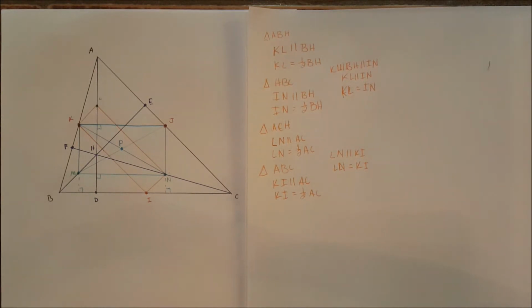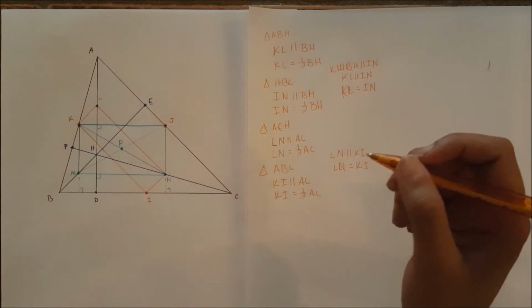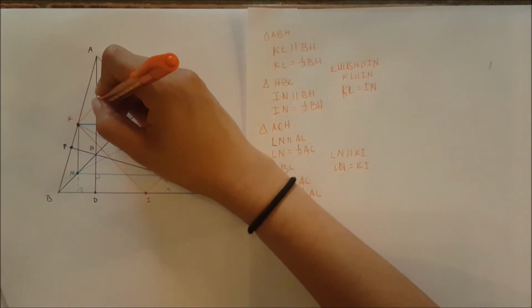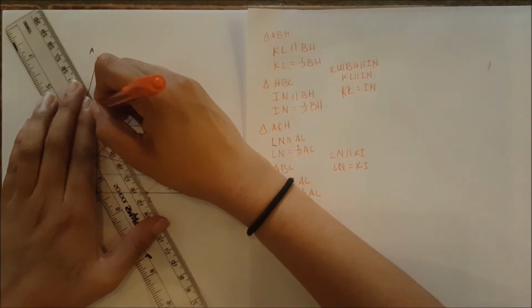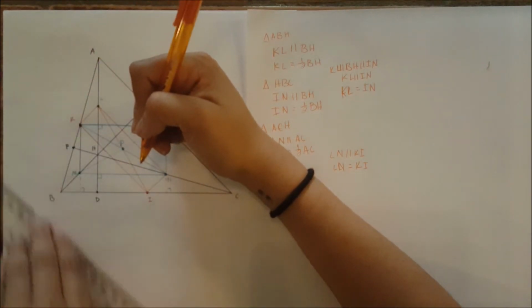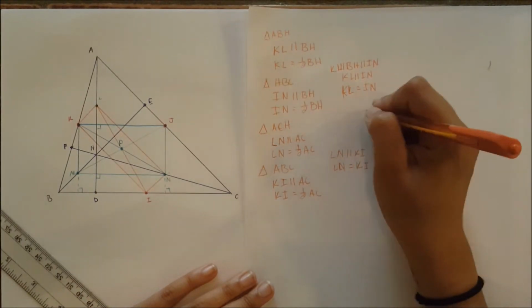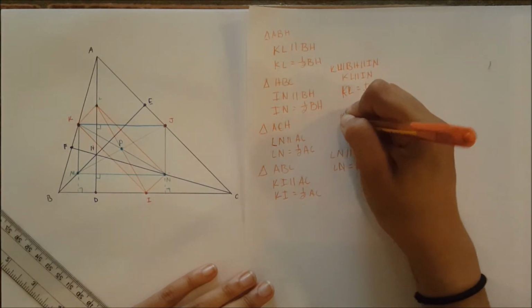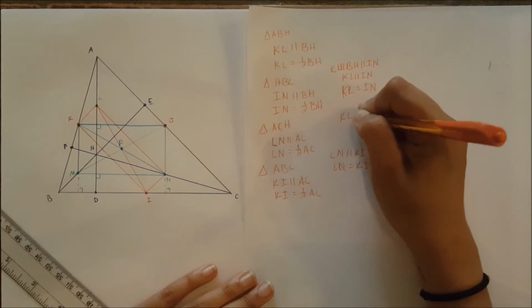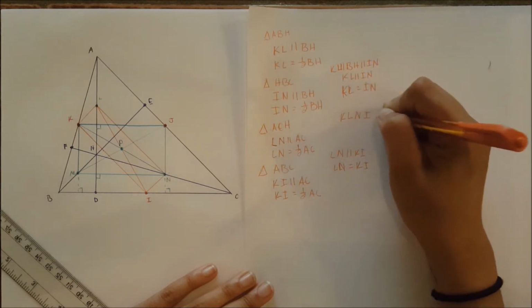And as we know, rectangles are concyclic, and the center of the circle would be the intersection of the diagonals. So let's draw the diagonals of this rectangle. So we have that diagonal LI, and let's just write down our rectangle.